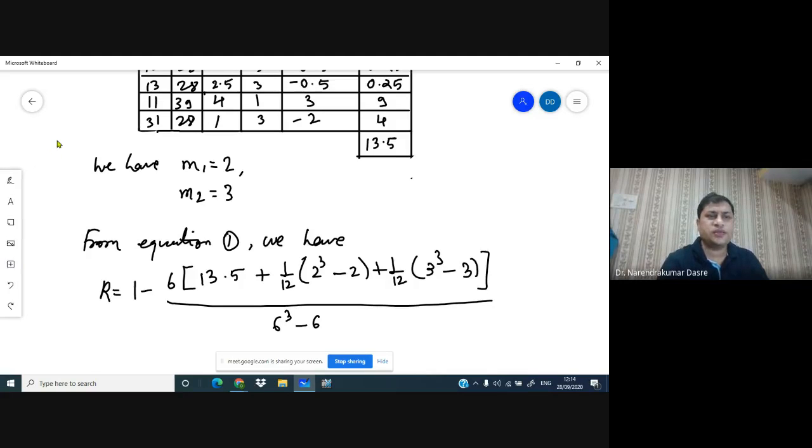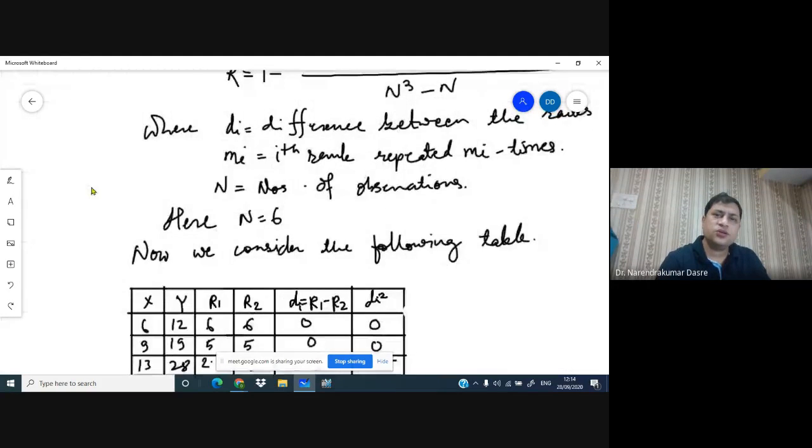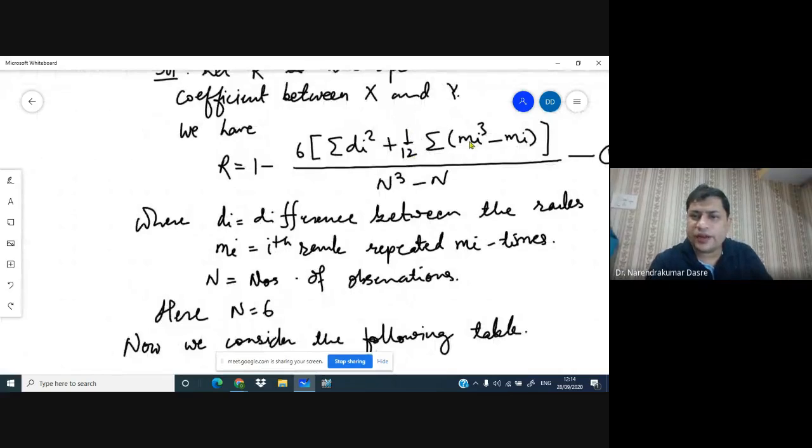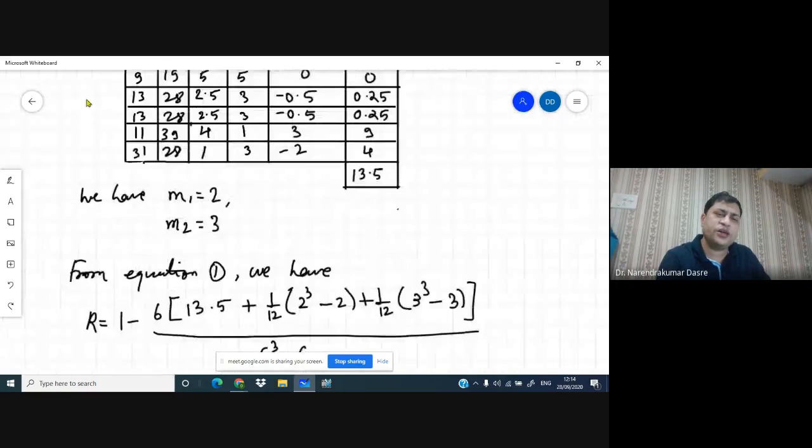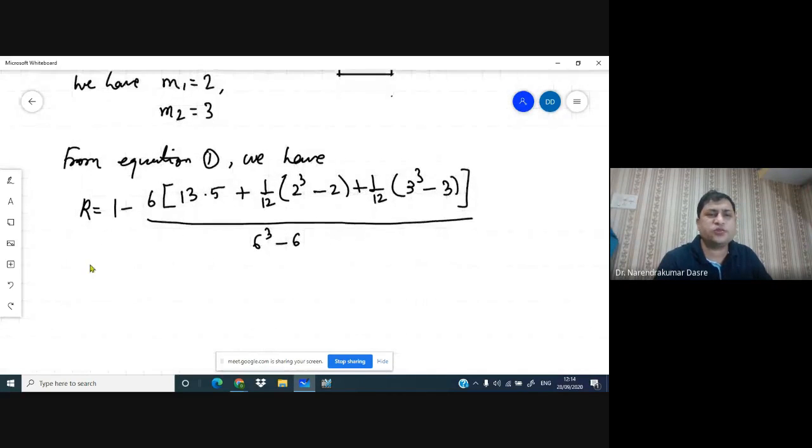So you can see this formula. It is going to be 1 by 12 for m1, I'll write 2 cube minus 2. For m2, I'll write 3 cube minus 3. And this 1 by 12 is common for all the terms, so that's why we are able to write this formula.